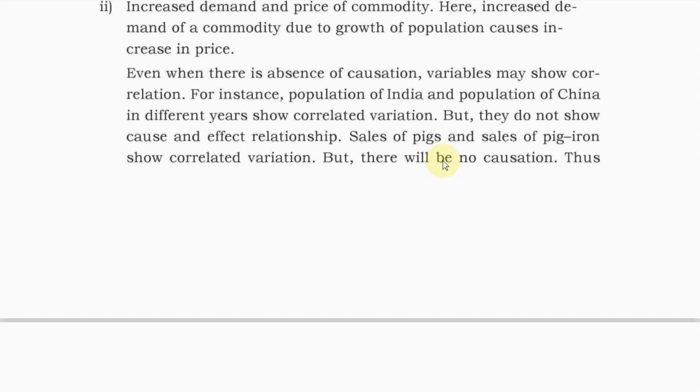So, the population of India and population of China do not have any such cause and effect relationship between them, but they keep on changing among themselves. Okay. Or for example, sales of pigs and pig iron. So pig iron means the purest or molten form of iron. So the sale of pig and sale of pig iron, there is no cause and effect relationship between them.